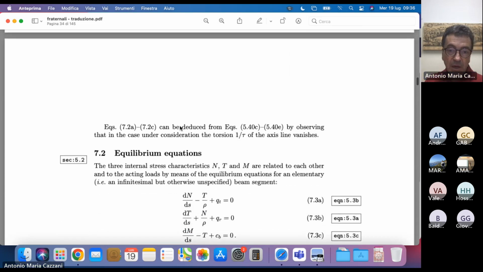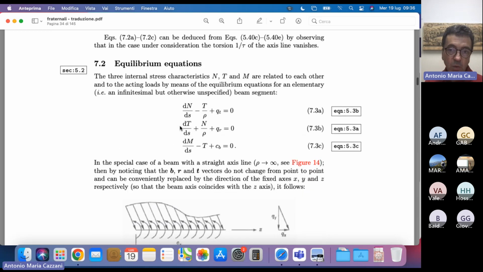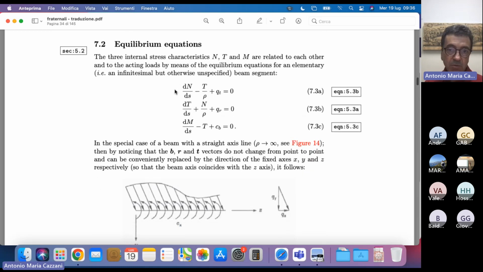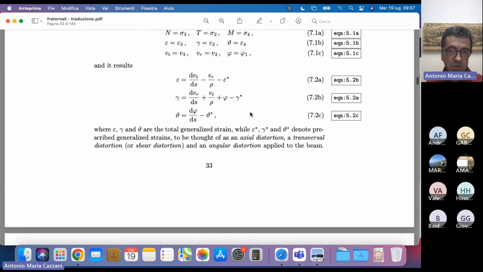So, if we do the same thing for the equilibrium equations, we get a set of 3 equilibrium equations. The first 2 equations are those relevant to the linear momentum balance. The third is the only non-vanishing component of the angular momentum balance. And so these are the equilibrium equations, and these are the compatibility conditions.